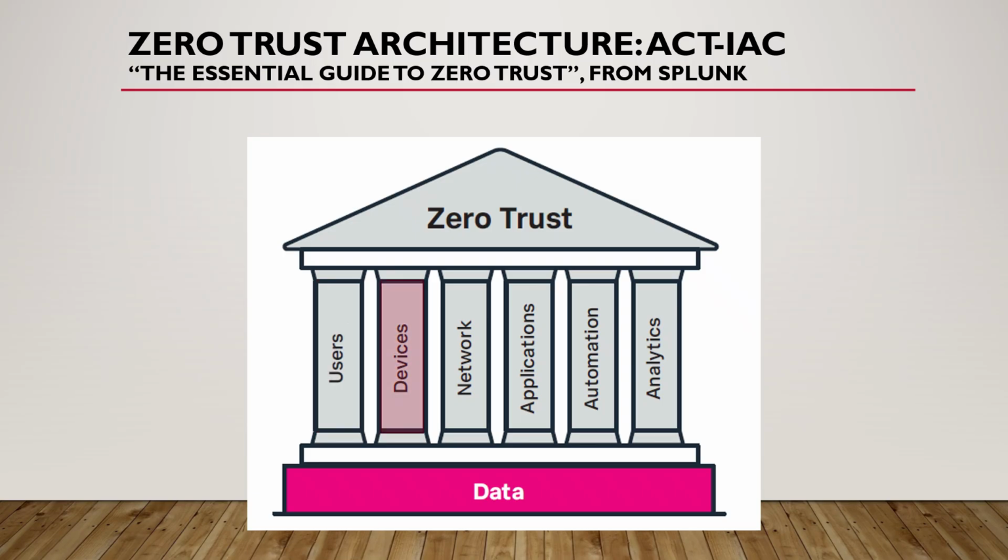Devices in a similar manner should have their trustworthiness evaluated on an ongoing basis. Networks should utilize segmentation and isolation to ensure the trustworthiness of entities within. Applications need to be secured and properly managed in order to ensure their trustworthiness. This includes virtual machines.